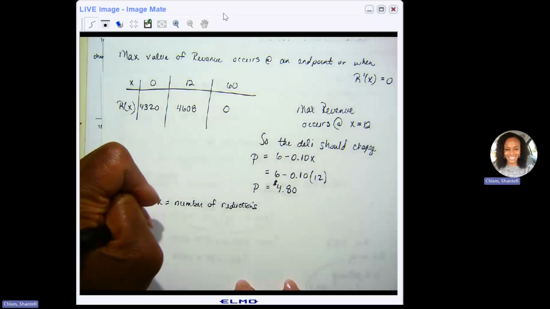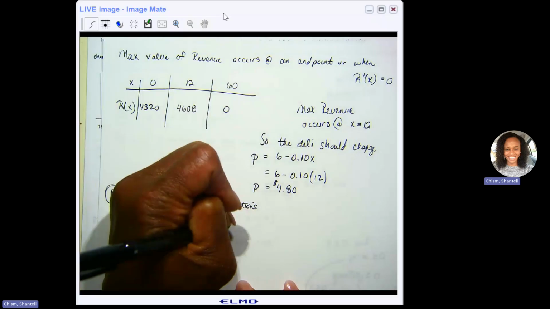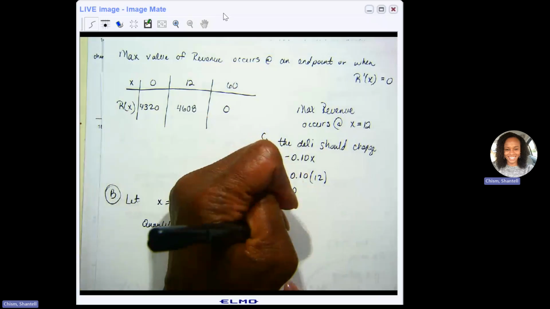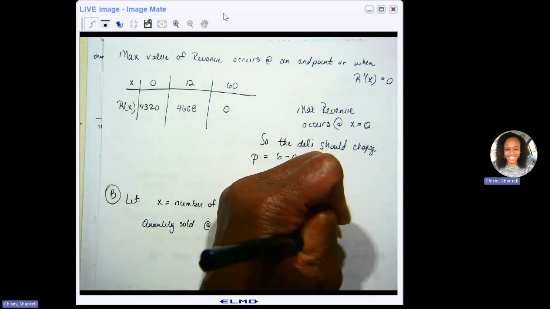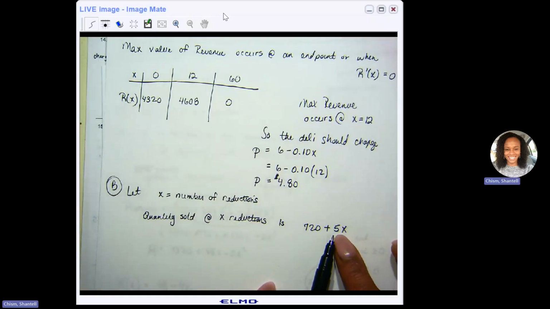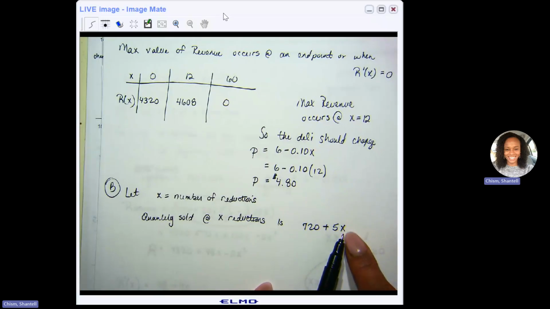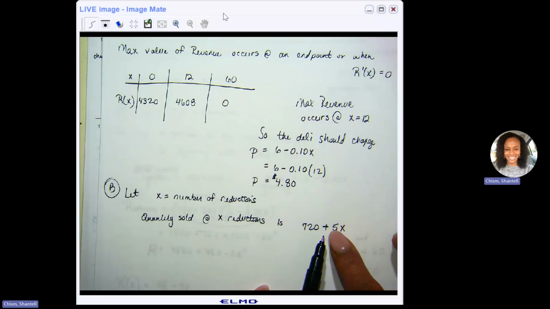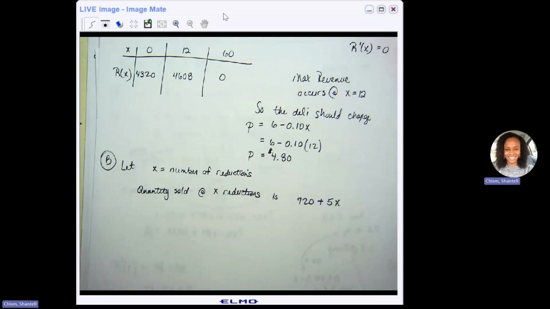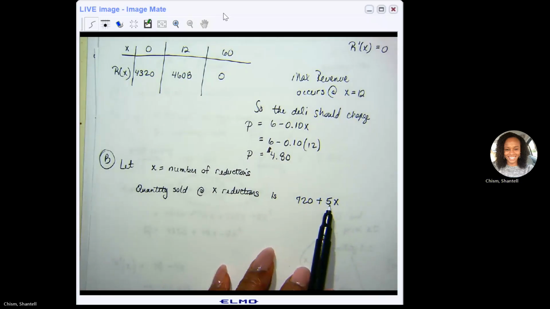So the quantity sold at x reductions is 720 plus 5x, because as x increases, 5 more sandwiches will be sold. So as x continues to increase, they'll sell more groups of 5 more sandwiches. Okay? So that's our new quantity equation, if you want to call it that. So for every 20-cent reduction, 5 more will be sold. Okay?